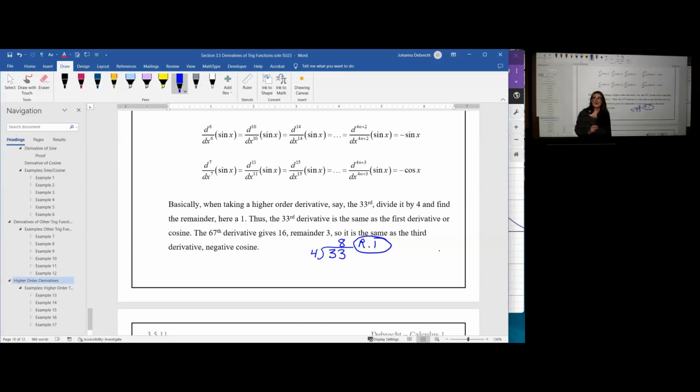It's the remainder I'm looking for because that tells me where in the pattern it is. It completed the pattern of 4 8 times, which just means it kept going back to the beginning, but then it did it one more time. That means that the 33rd derivative of sine must be cosine.